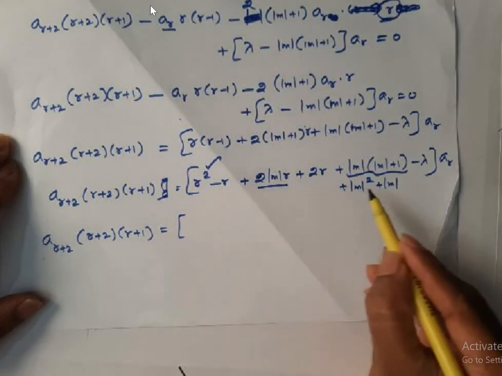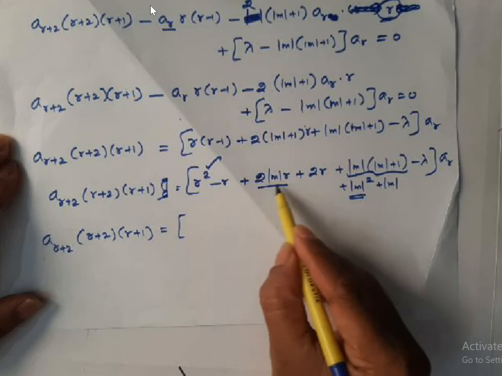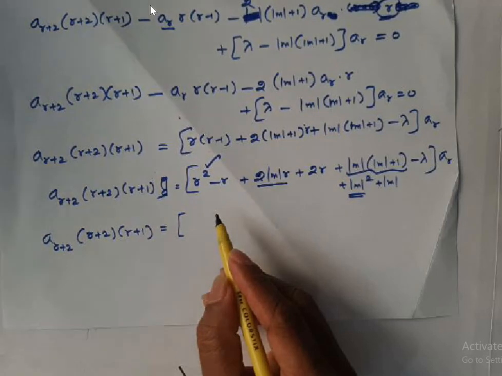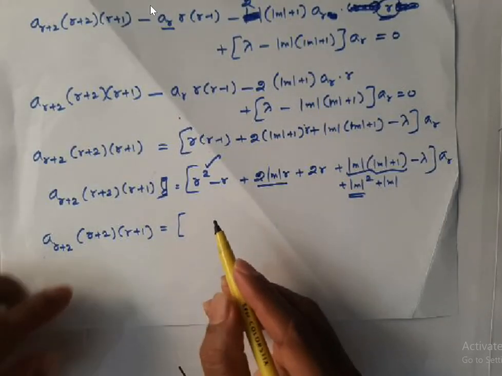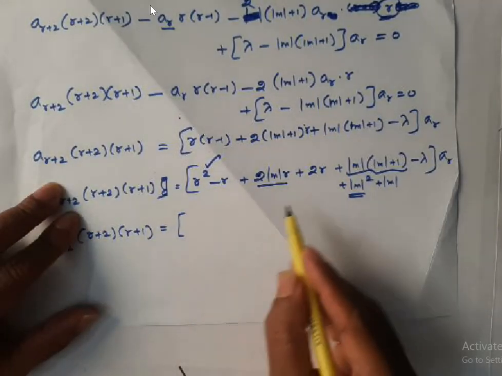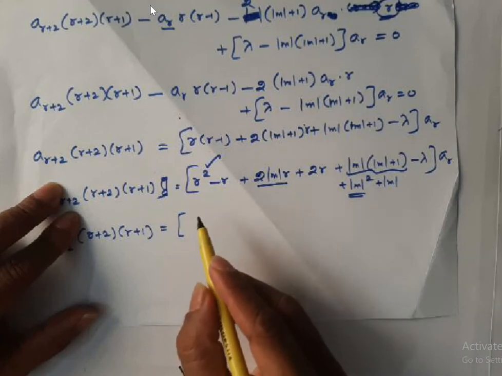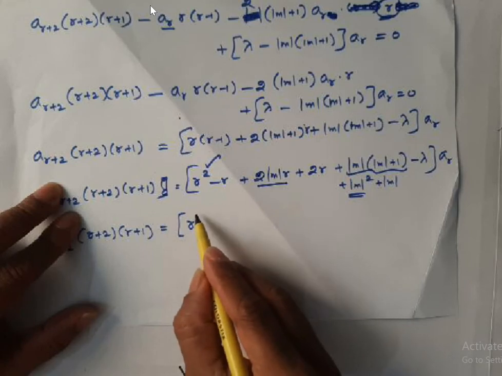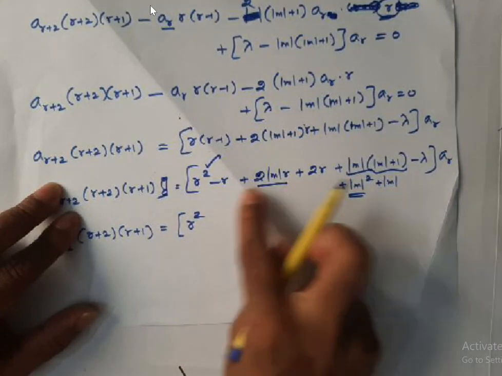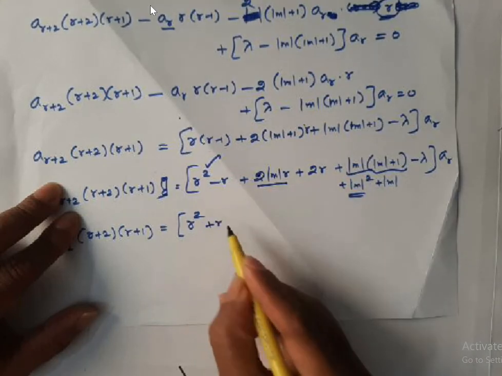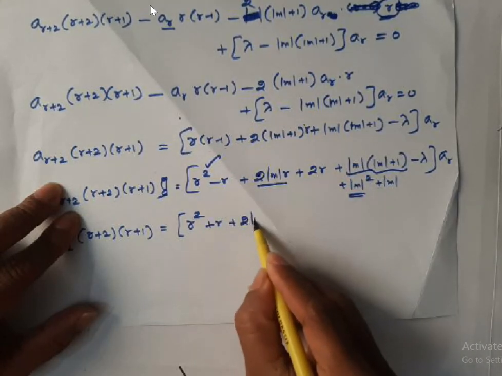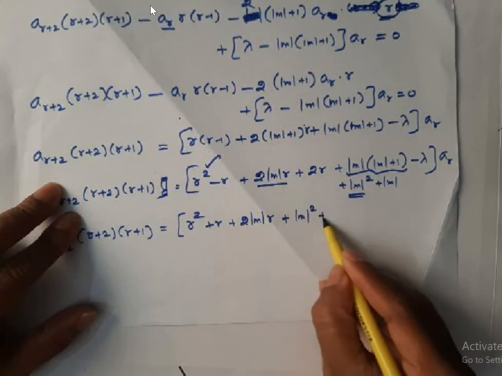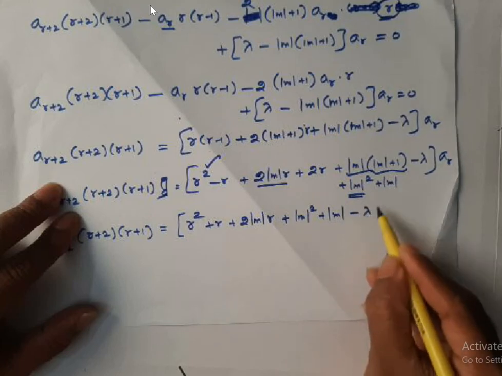So this is a square, this is b square, and this is 2ab, so I can simplify this as a plus b whole square. Or I'll do one thing: I'll keep this r square as such, minus 2r plus 2r. Let me simplify one more step: plus r plus 2 into modulus of m into r plus modulus of m square plus modulus of m minus lambda into ar.